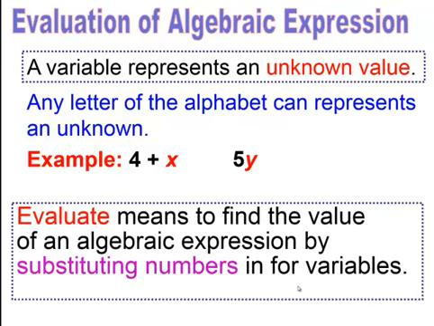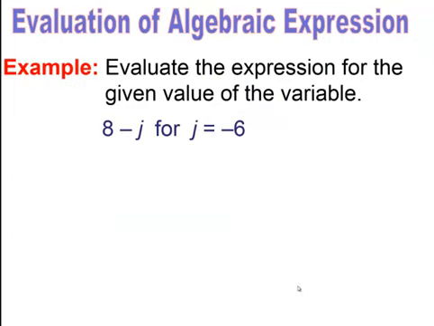So we're going to work with the evaluation or evaluating algebraic expressions. And what that means is you're going to find the value of the algebraic expression by substituting numbers in for the variables. Now we're going to be given numbers at first, but in the future you will be choosing numbers.